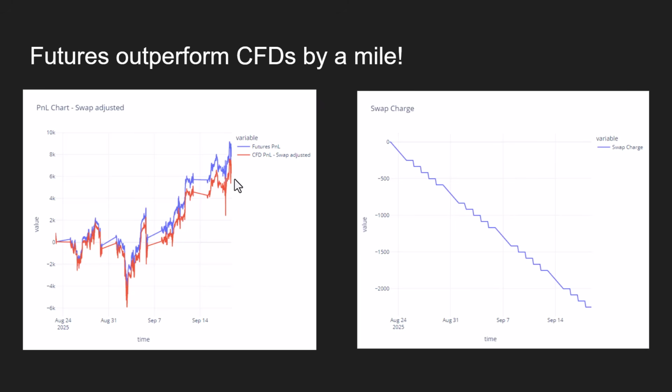We see that the futures P&L is now outperforming the CFD P&L. And on the right side, you see how much the swaps are eating away the profits from our CFD position. Over the course of this month that we're trading the S&P 500, we're losing over $2,000.